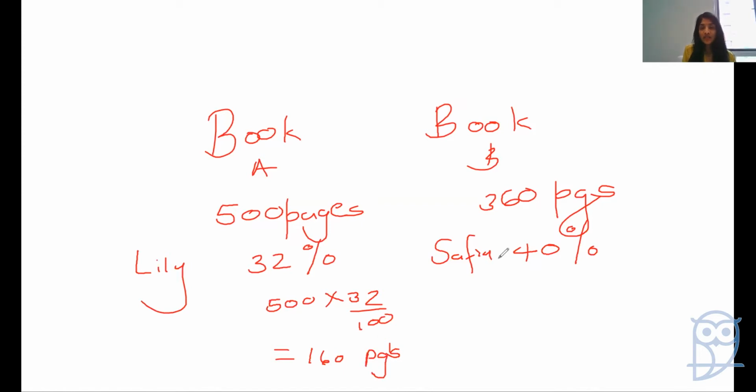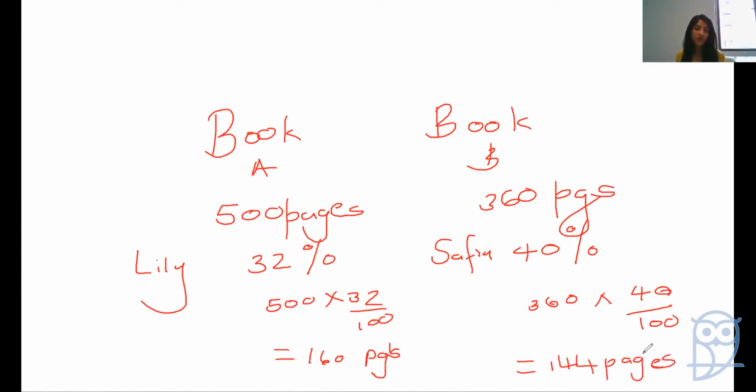Safia read 40% of a 360-page book, so 360 multiplied by 40 divided by 100 equals 144 pages.